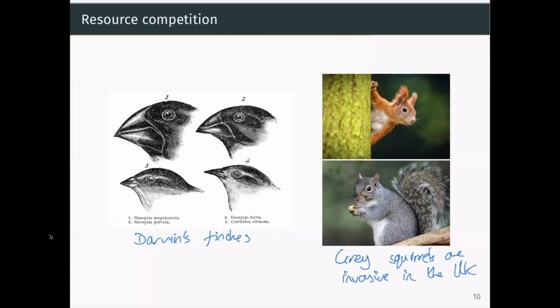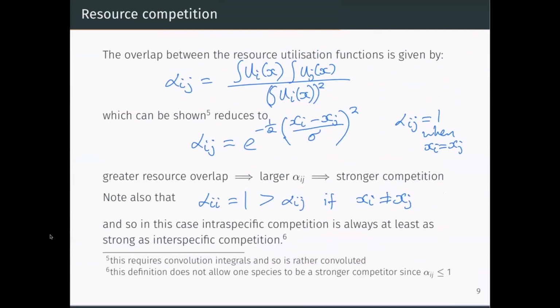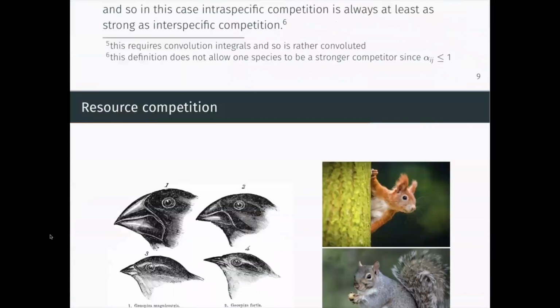So this would be an example maybe of a model where we wouldn't want to set up the intraspecific competition to be weaker than the interspecific competition. So this example on the right-hand side of the squirrel says that, okay, maybe this niche overlap isn't the greatest way of setting this up for this particular population. So it's really just to highlight that this is one way of setting up the competition coefficients, but is not the only way to do so.